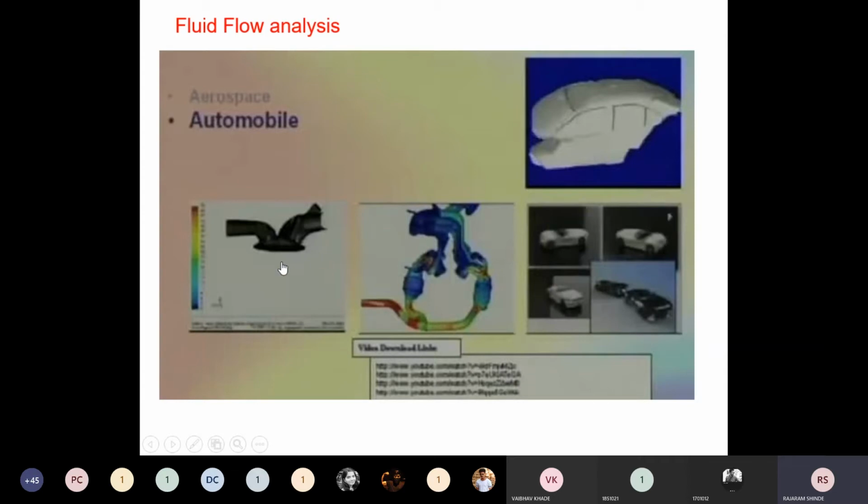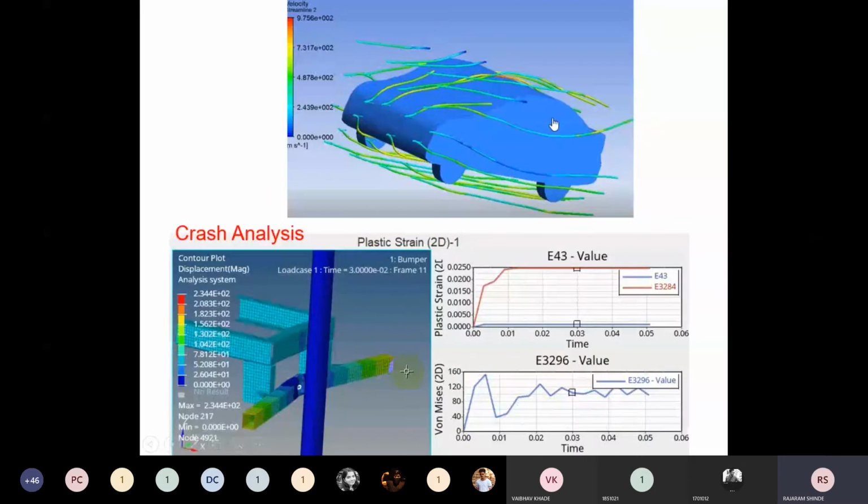Passenger comfort depends upon the internal fluid flow, which can be analyzed by the finite element method. This is the external fluid flow; aerodynamic drag and lift can be predicted by the finite element method.